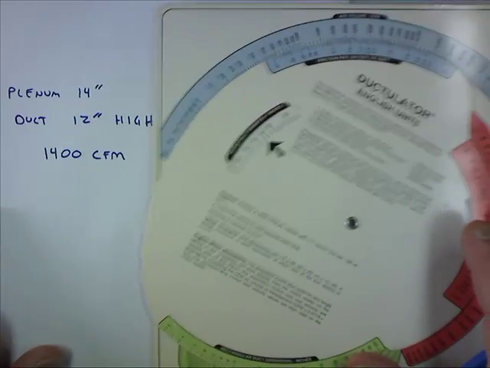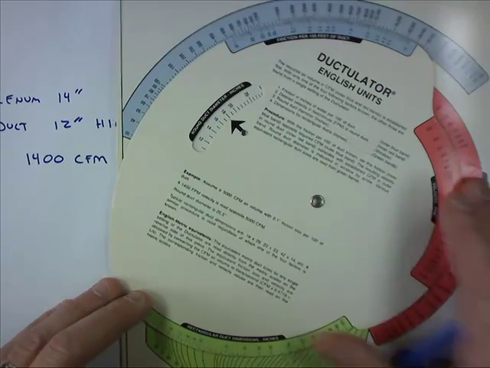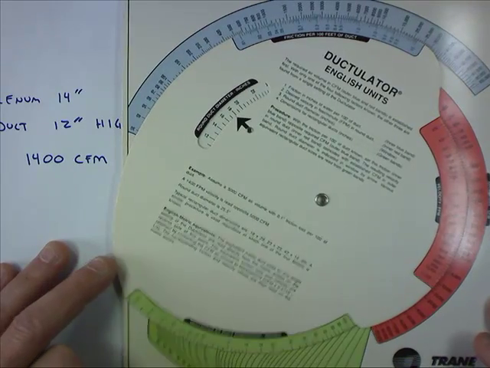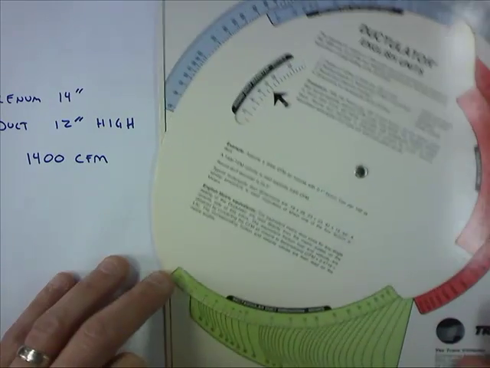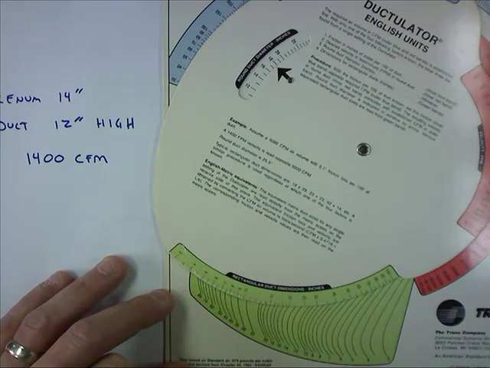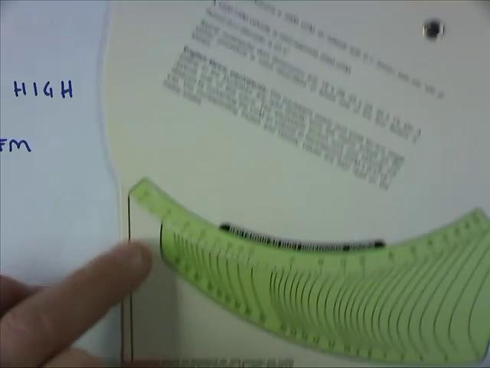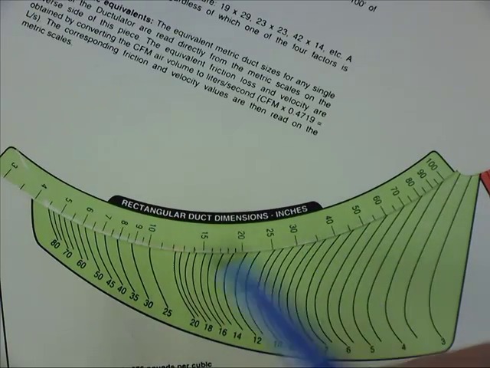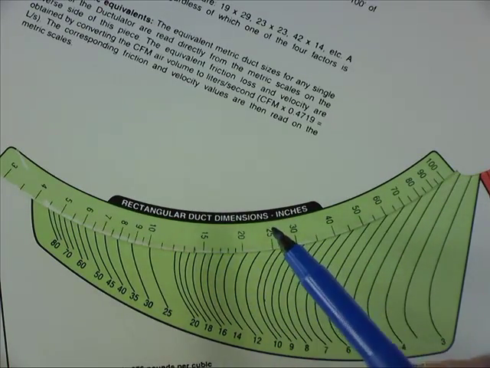And there's two different places on here for the actual duct size. Down here, this green part here is for rectangular duct dimensions. Up here we have round duct dimensions. We're going to focus on this rectangular for now.